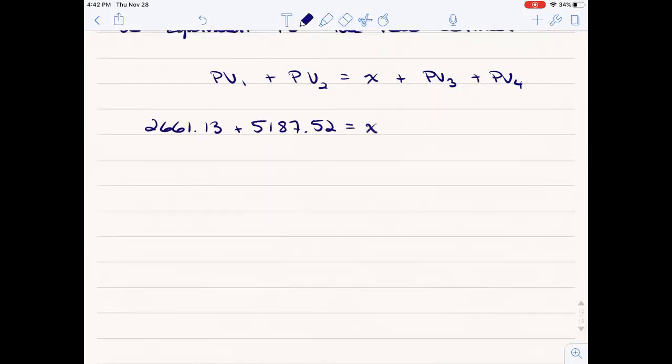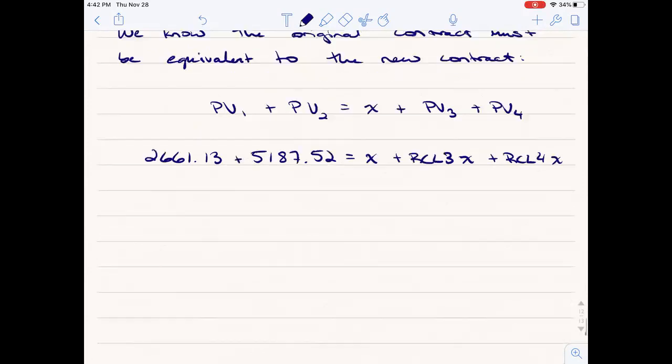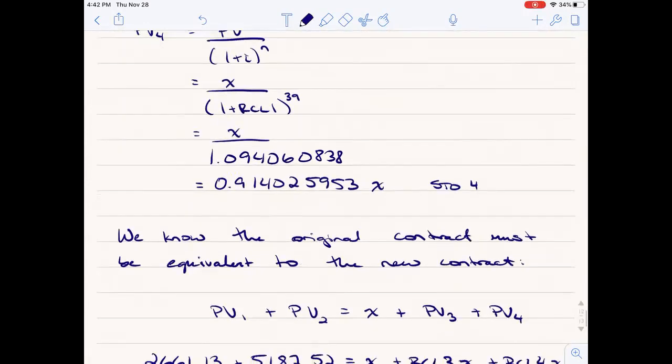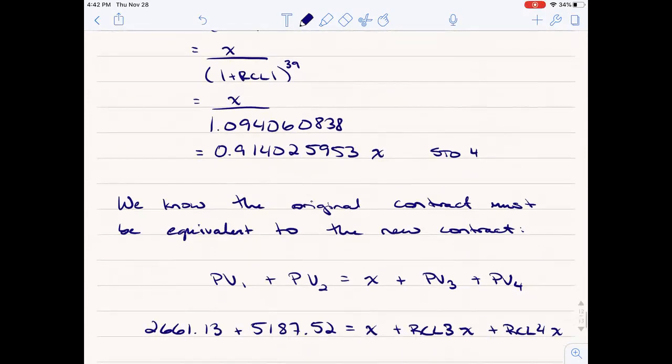And those have to equal x plus recall 3 times x plus recall 4 times x, saving ourselves some writing. Because recall 3 is 0.97, blah, blah, blah, and recall 4 is 0.914x.